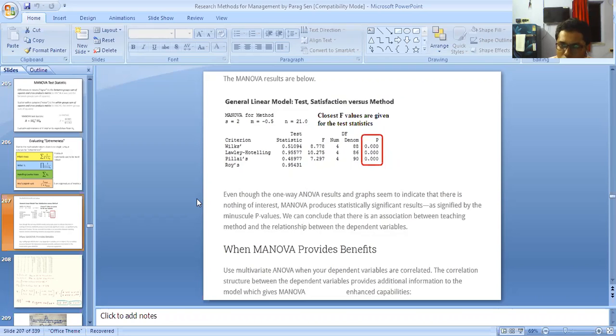So if you consider one particular dependent variable, you see that it is not influenced by your independent variable. But if you consider the relationship, that is influenced by the type of the independent variable. This is the conclusion.